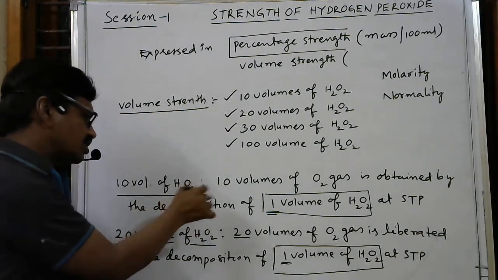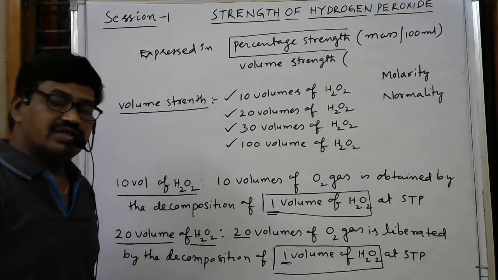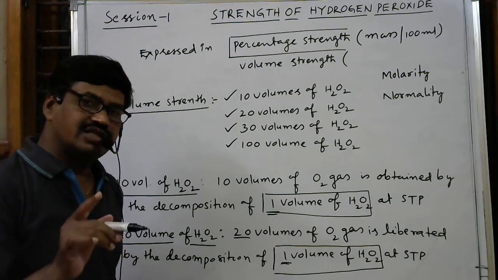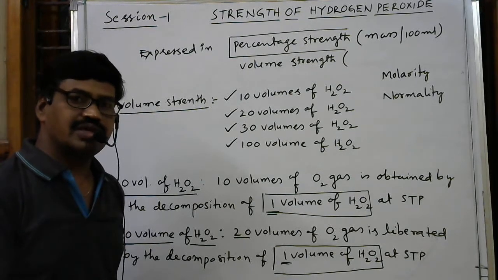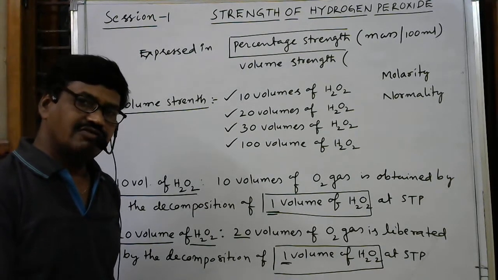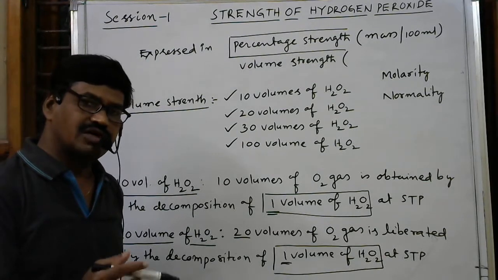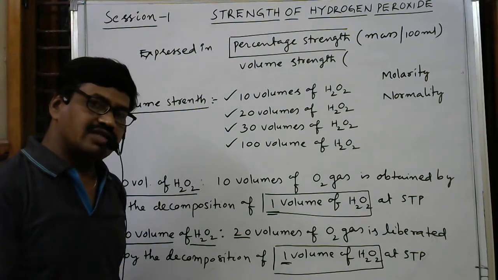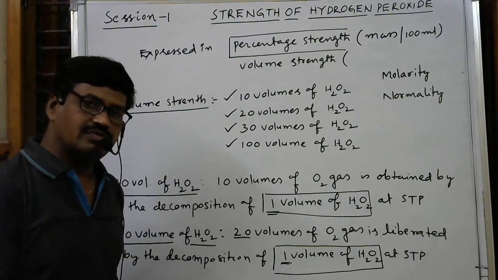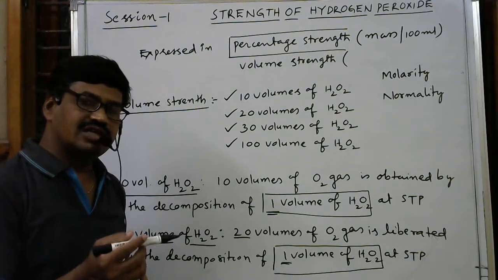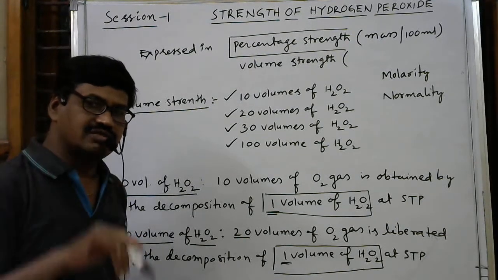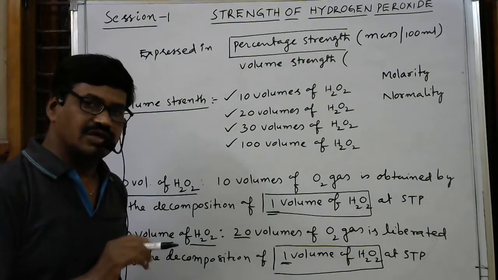If you know this, we can calculate the mass of hydrogen peroxide present in 1 liter of hydrogen peroxide. From that, by using the molarity formula and normality formula, we can find the molarity of 10 volume strength of hydrogen peroxide. Similarly, we can convert it into 20 volumes and 30 volumes by using basic concepts and cross multiplication.